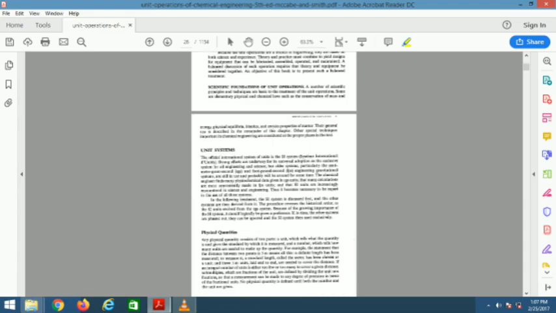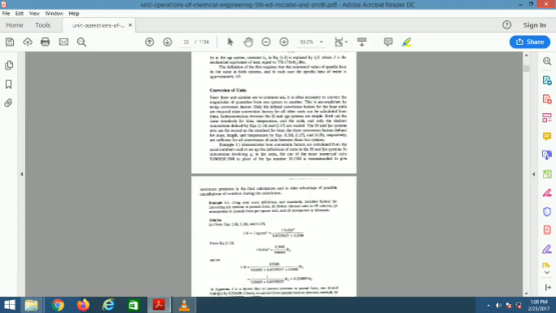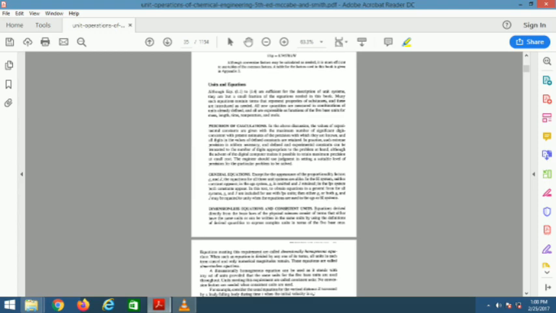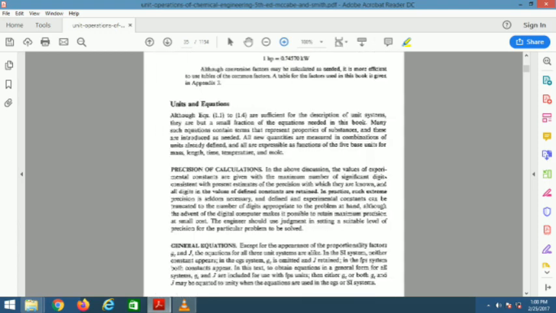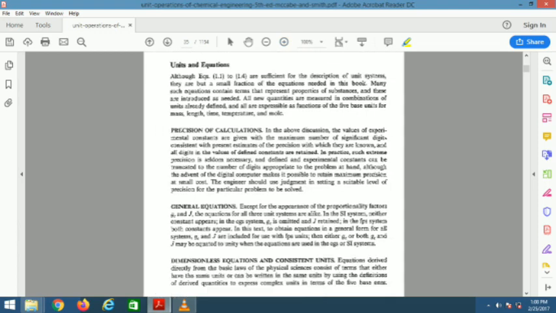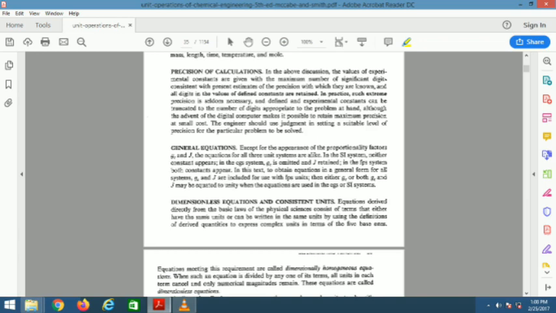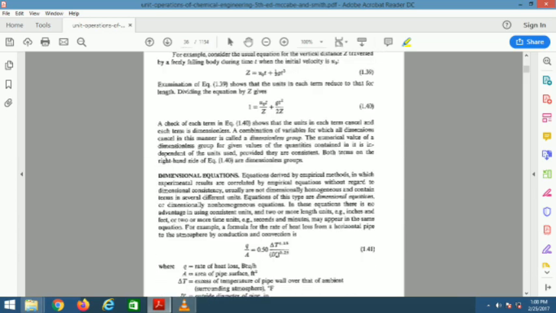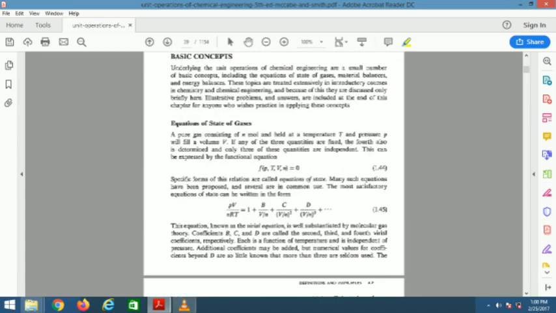Let's begin with the basics first. In the first chapter, we will see that gc and J are included. These are included for use with FPS units, and for the SI system gc is actually 1. So remember that.